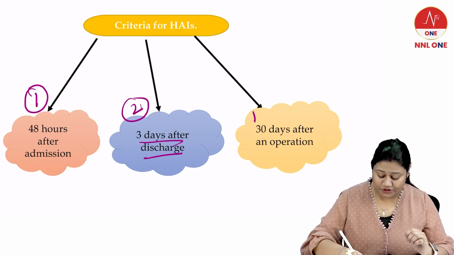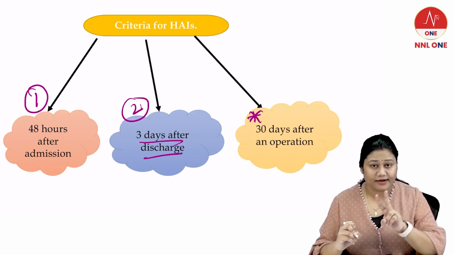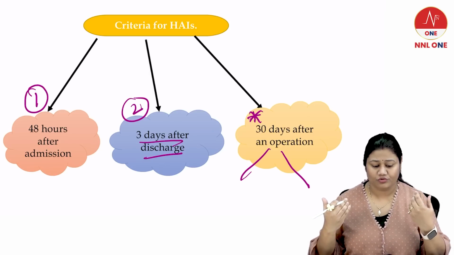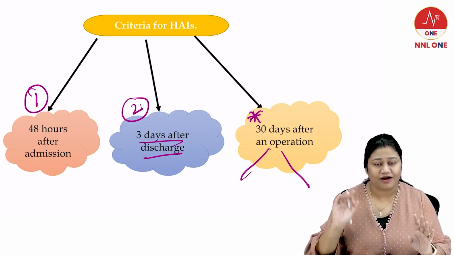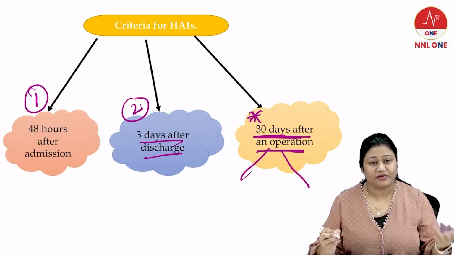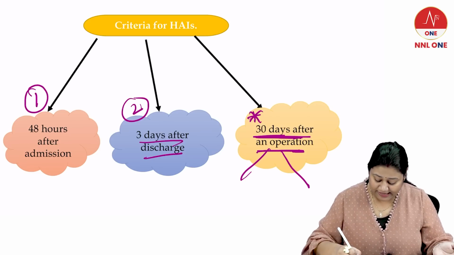Now in case of surgery, there are 2 points. Your surgery is done and you have got the discharge. If after 30 days of surgery you develop signs and symptoms of infection, that is also considered healthcare associated infection.